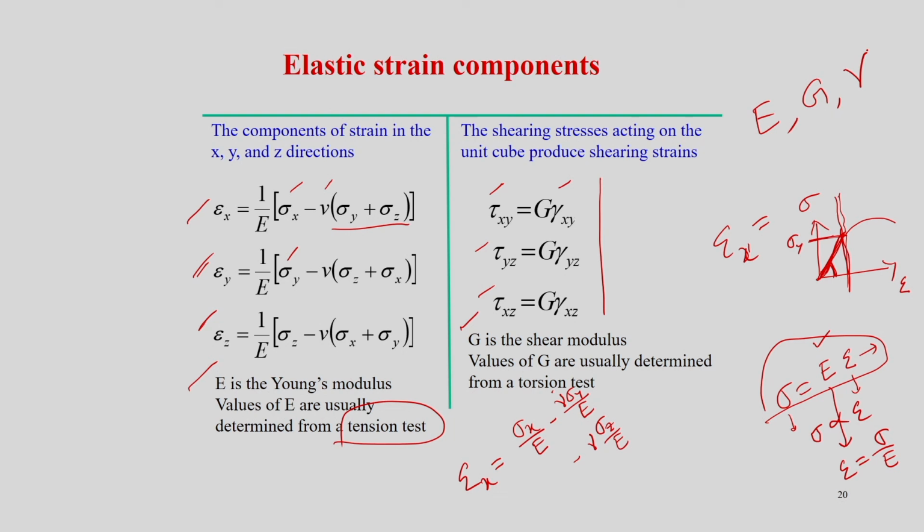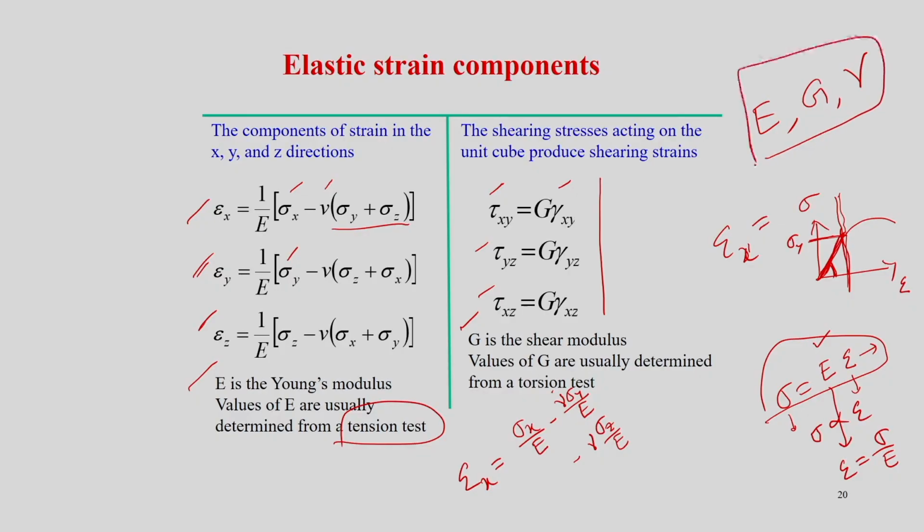These three constants we have considered to find the relation between stress and strain, where strain can be both normal strain and shear strain, and stress can be both normal stress and shear stress.